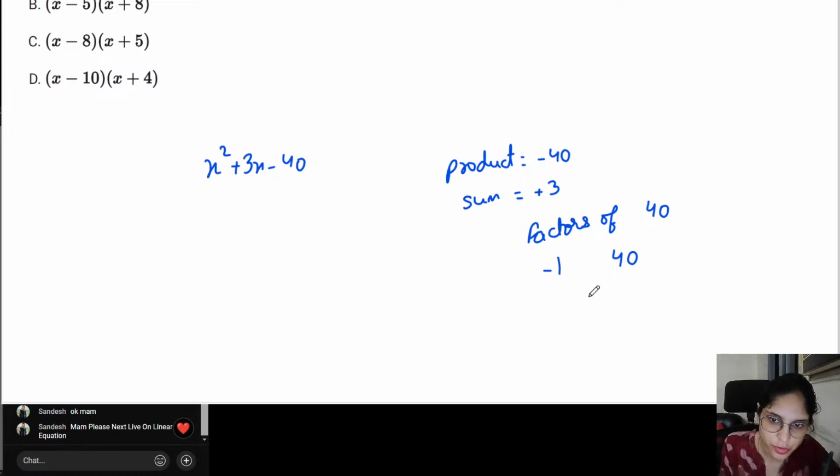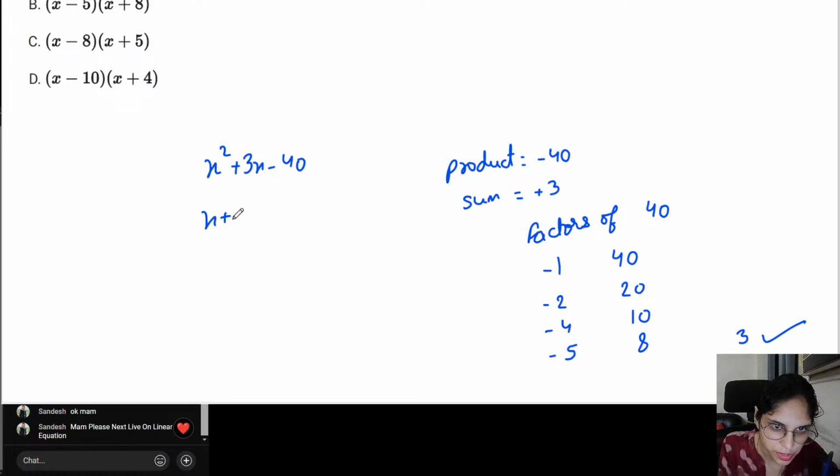So negative 1 and 40 is not going to work. Then I look for 2 and 20. Not going to work because 20 minus 2 is 18. 3 is not a factor. 4 and 10, not going to work. 5 and 8. 8 minus 5 is 3. This is going to work.